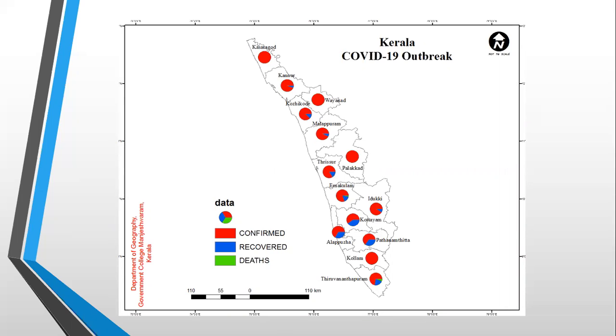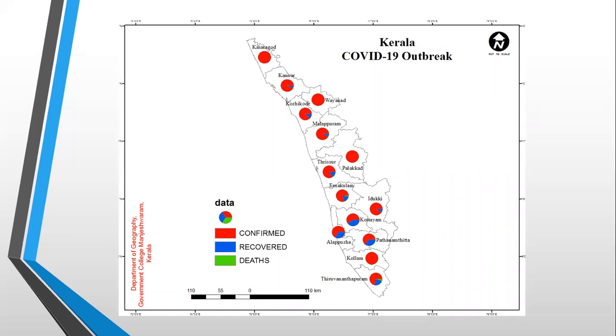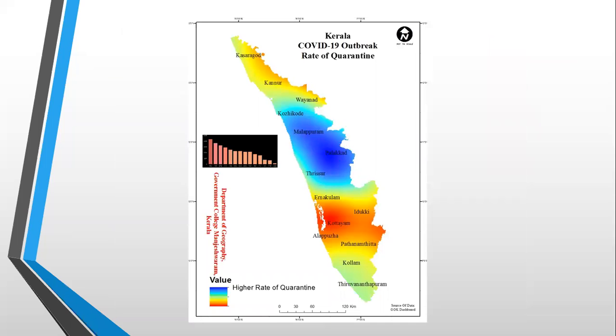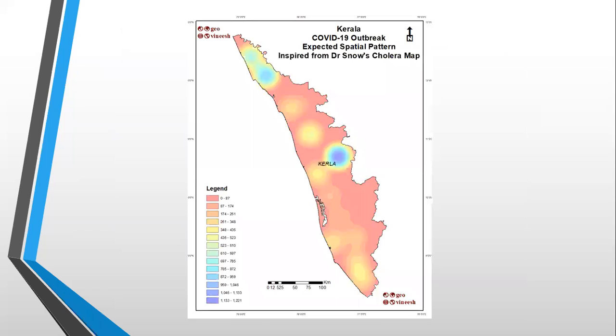You can see that this is connected with COVID-19, coronavirus disease 2019, and this is about quarantine. This map was prepared in April, and this one was prepared in June for some other purposes.